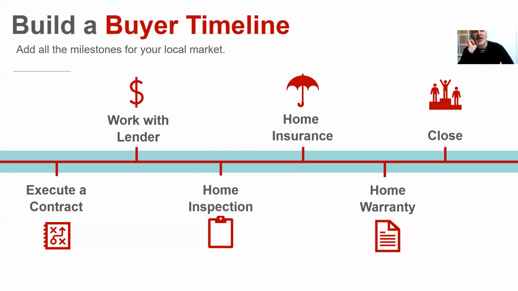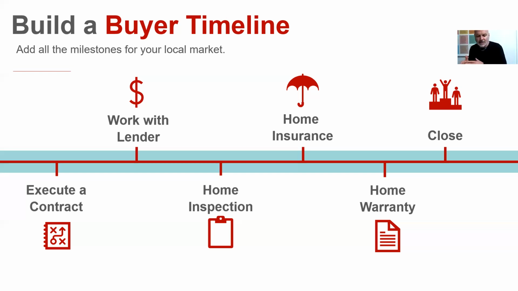So the buyer and seller have come to terms on the price and the terms and the timelines of the contract, and have fully executed it with signatures. Exactly right, Parker. So that's where we're starting this journey.